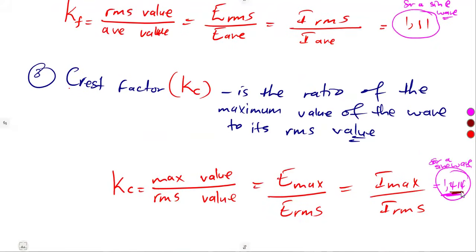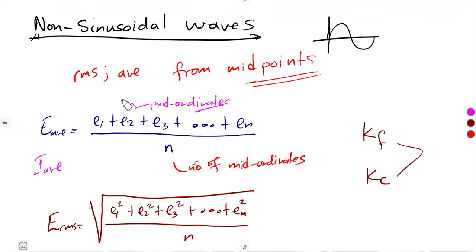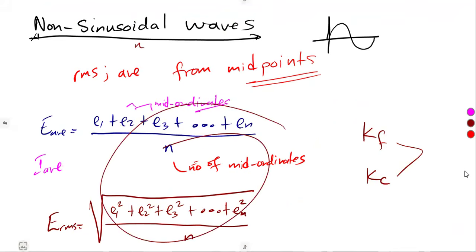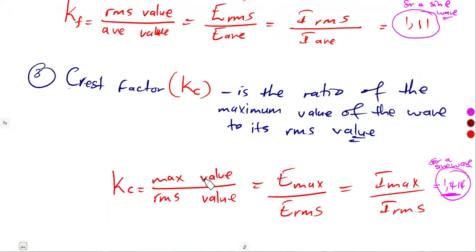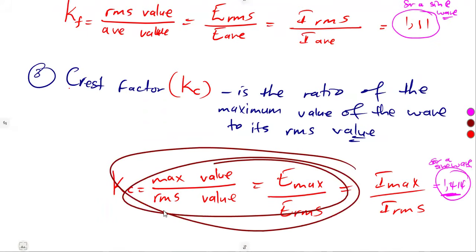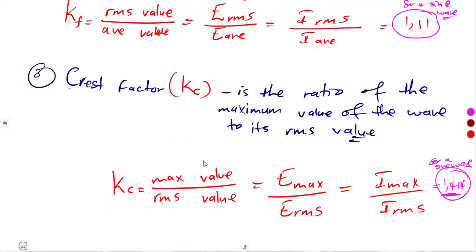Only that for a sine wave, that's where we have a direct answer. But if it is for a non-sinusoidal wave, we must go back to the proper formulas. Even for this, we're going to use these formulas. The crest and the form factor, we use these formulas here. That is the idea.